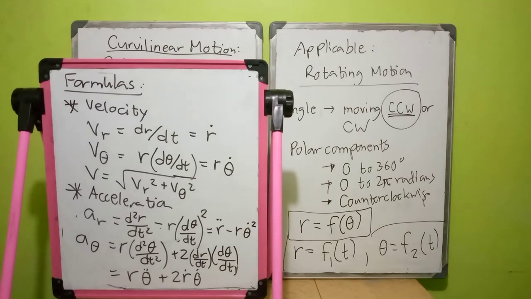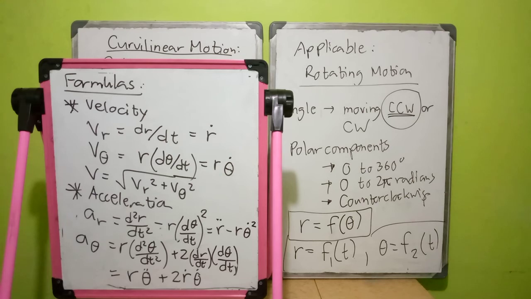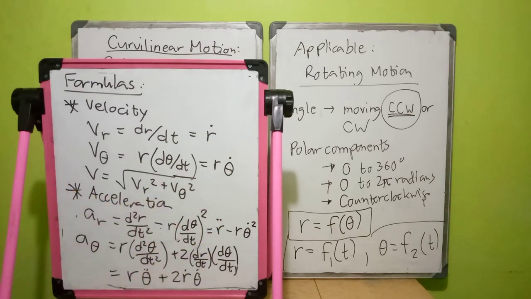So about these dots: if it is a single dot, it means that it is differentiated once with respect to time. If you see two dots at the top, it means it is derived twice with respect to time.